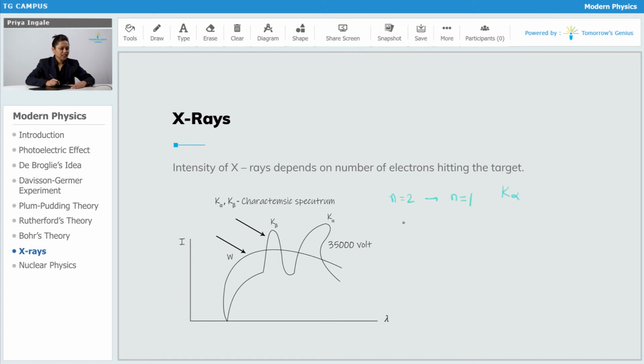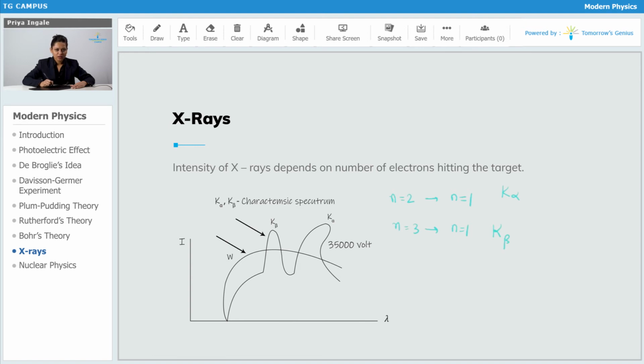And when electron jumps from level 3, which level am I talking about? Energy level, right? Level 3 to level 1, then that will be K beta. Now there are other characteristic spectra also, but let's not discuss that here.